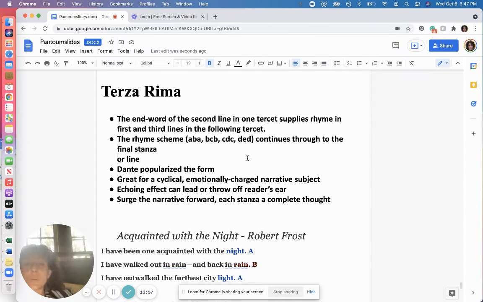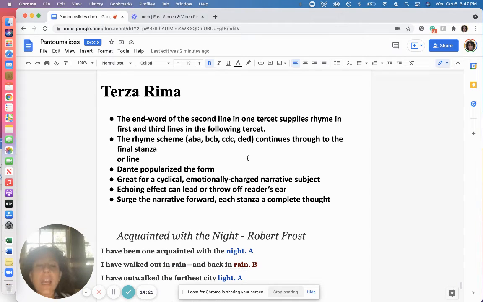Dante was someone who popularized the form, and it's great for, surprise, surprise, as the Divine Comedy and his work show, emotionally charged, cyclical, long narrative subjects, although there is no constricted prescribed length. And that echoing effect of rhyme can be great to lead or throw the reader's ear off.